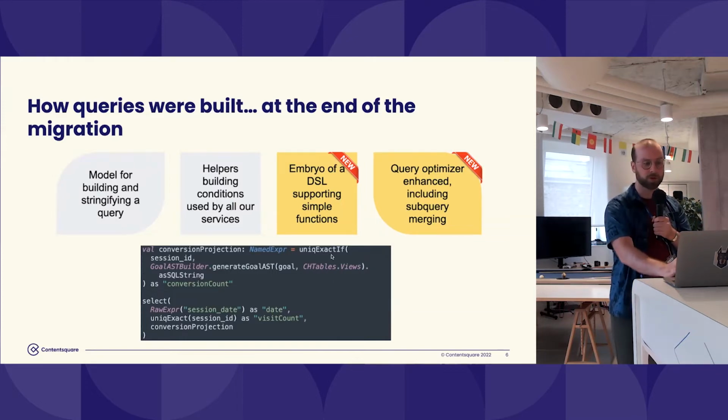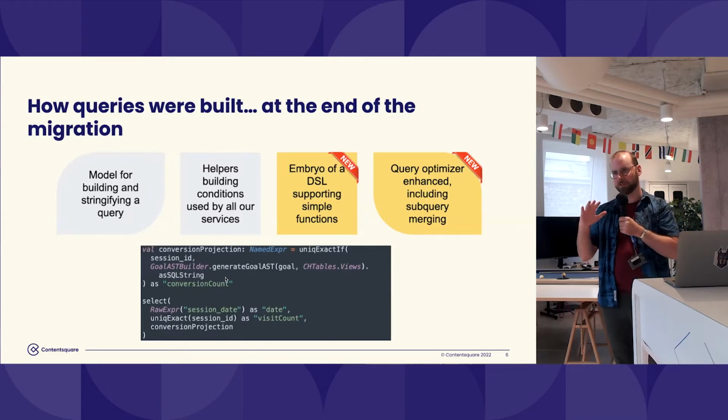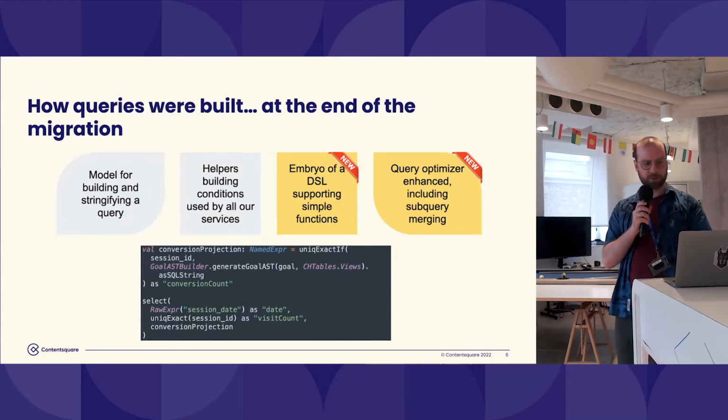So for example, we got the method unique exact if, and this time we know that we have 2 arguments. At least we have the right number of arguments. Still, we can see that we have something called as SQL string. It was actually giving a string. So not perfect, but at least it started to look like something.